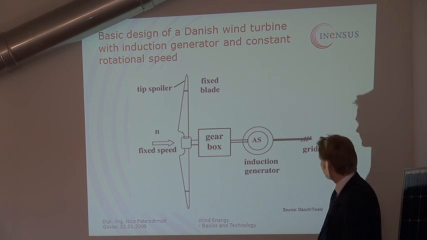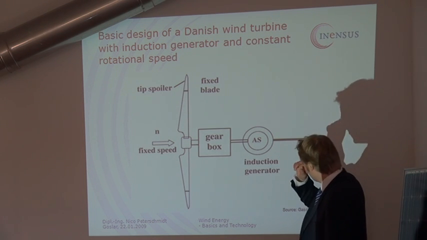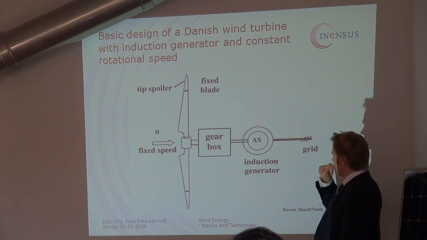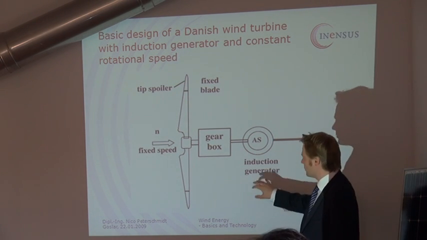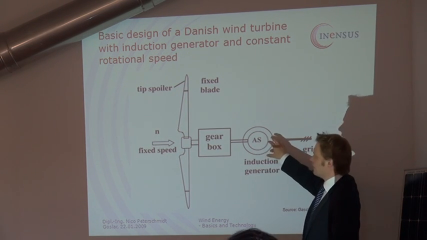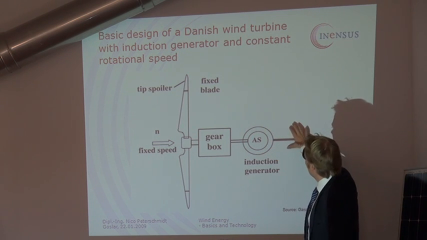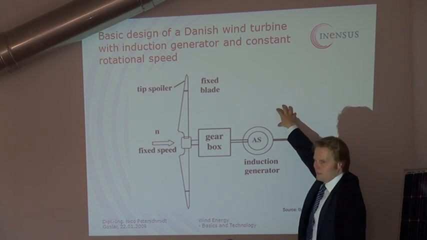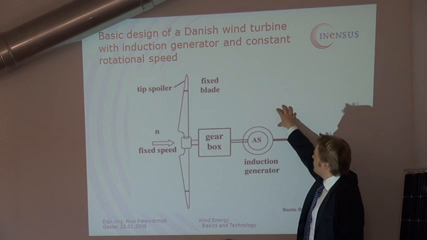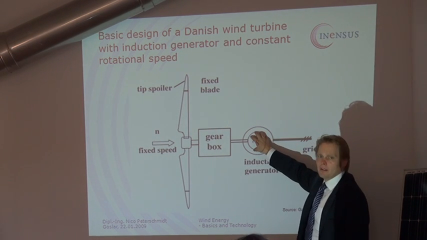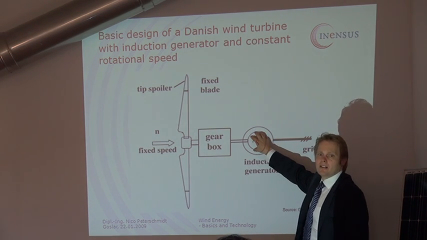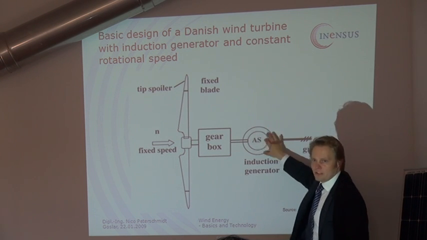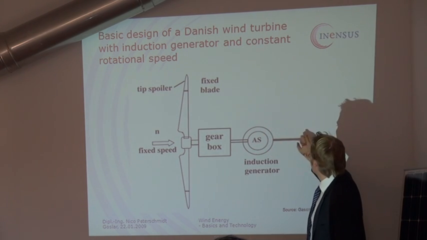occur quite often. And a more sophisticated approach, which is not used in small wind turbines, but which is used in large wind turbines very often, is an inverter system running here, putting a frequency on the rotor. So the stator of the generator is connected to the grid.